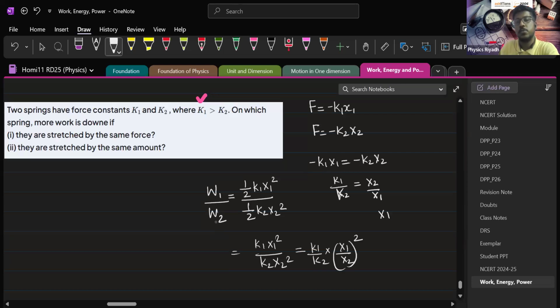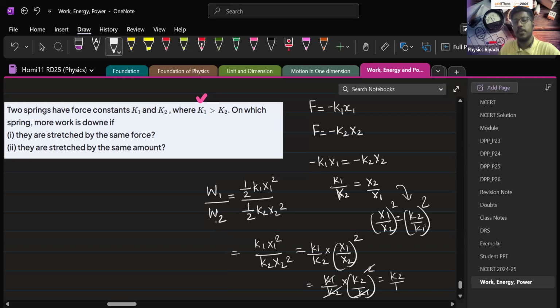So x1 by x2 whole square can be written as K2 by K1 whole square from this, right? So I can write it as K1 by K2 into K2 by K1 whole square, or you can cancel out one of the K1 and one of the K2. So you can write it as K2 by K1, because of the square.